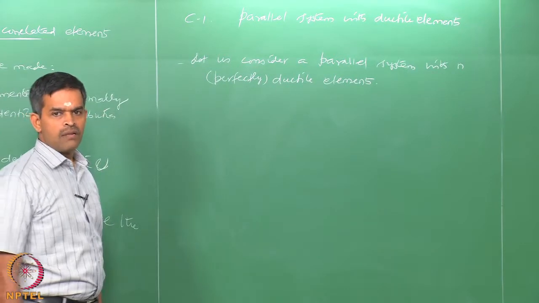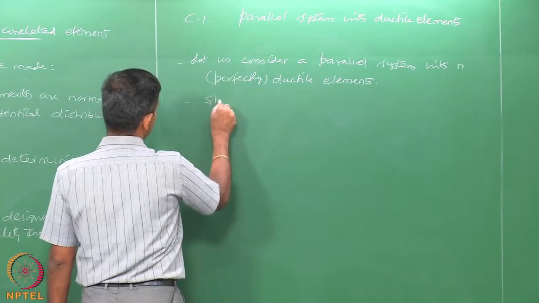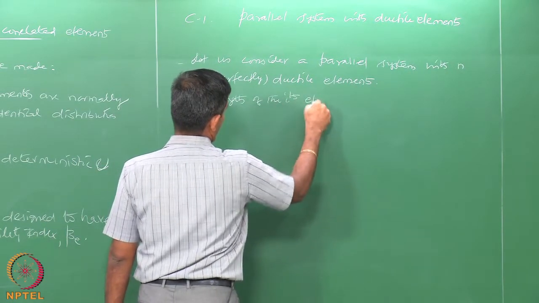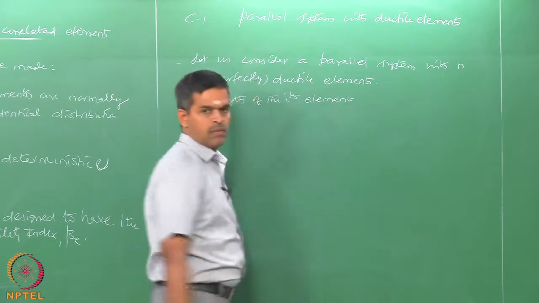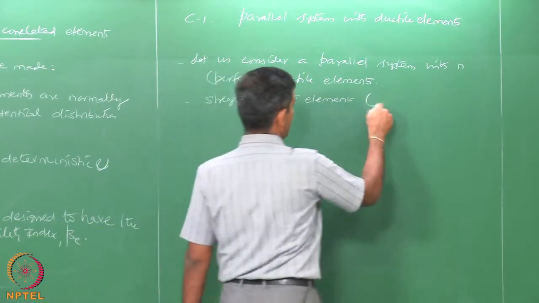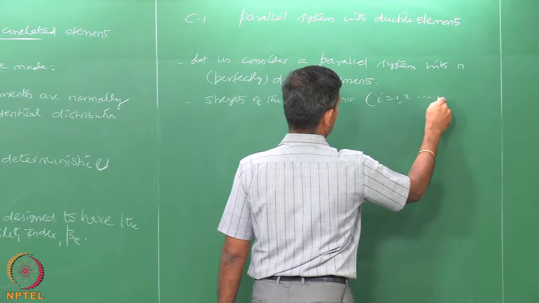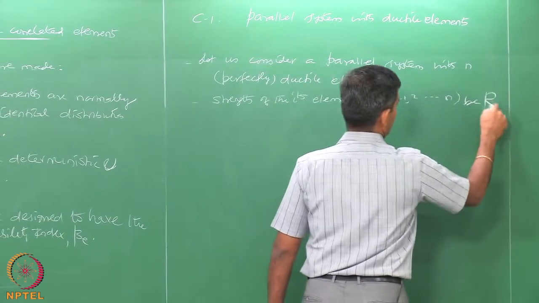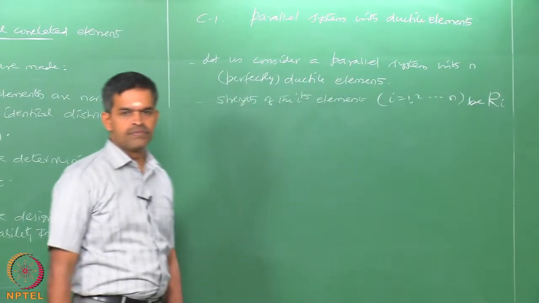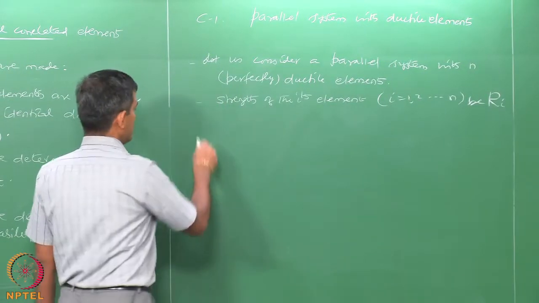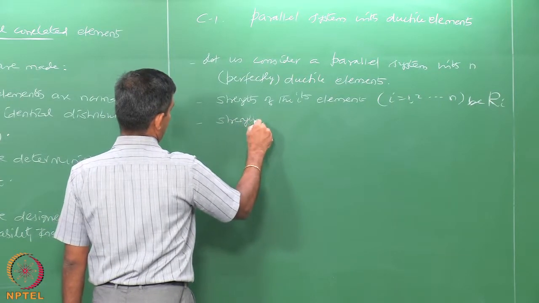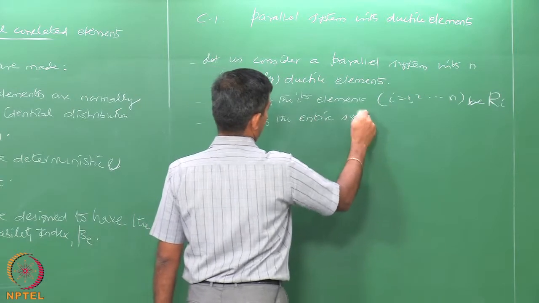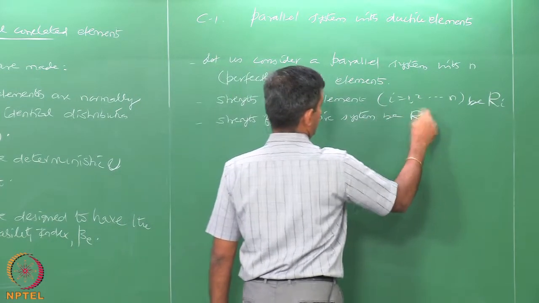Let the strength of the ith element, where i is actually the number count of the elements, be Ri, and let the strength of the entire system be simply R.